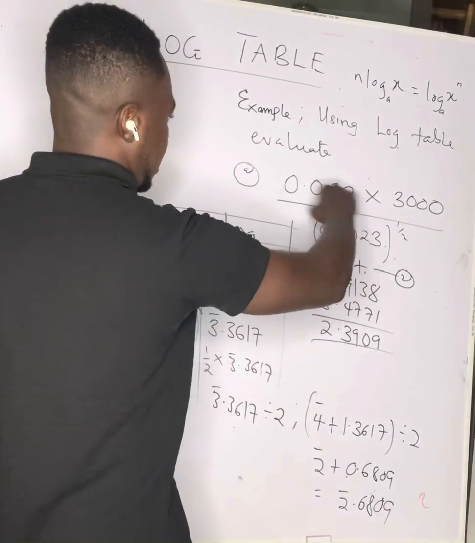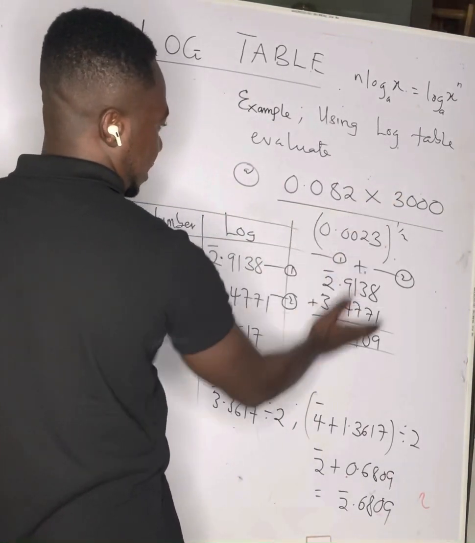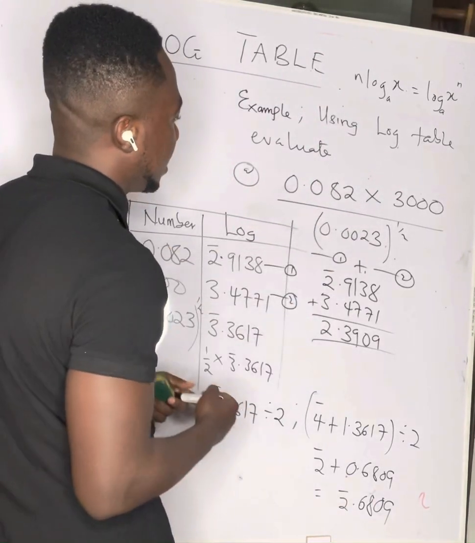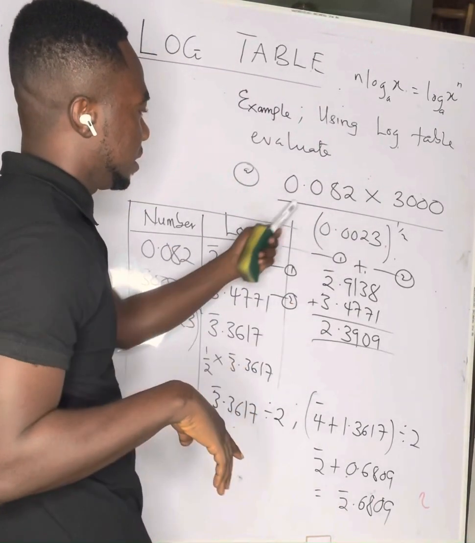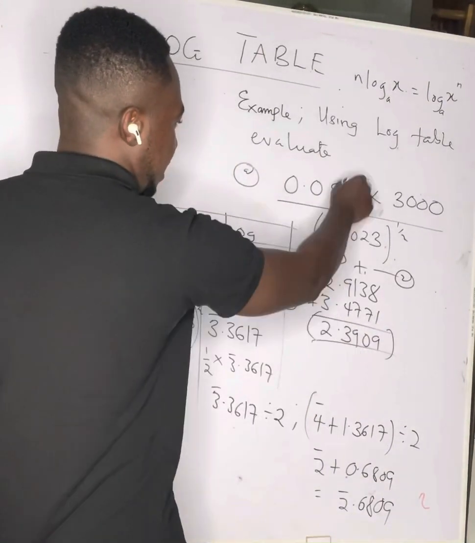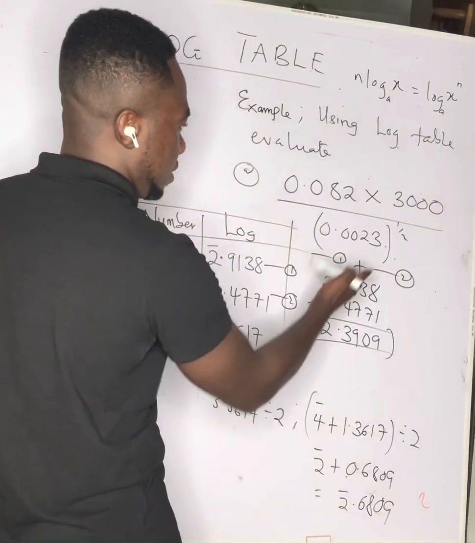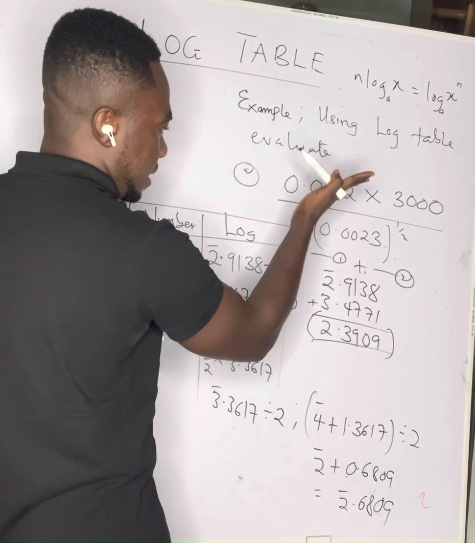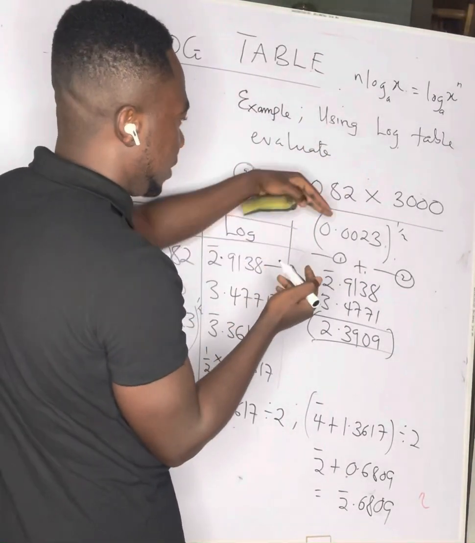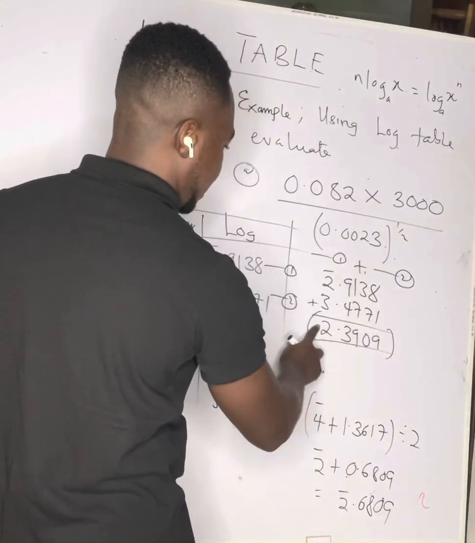The numerator was dividing the denominator, and from the property, division tends to subtraction. There is the numerator after adding, and this is the denominator after finding the expression. So the numerator minus the denominator. I have this expression here.